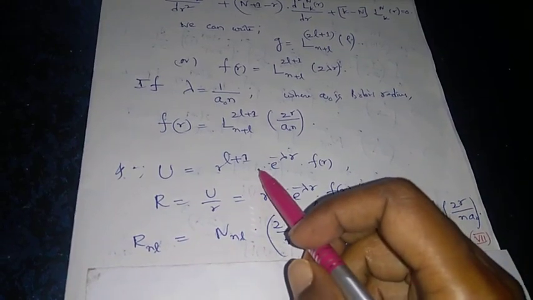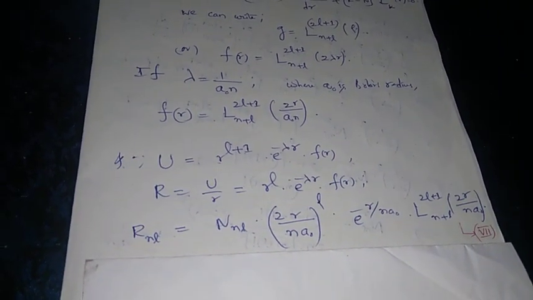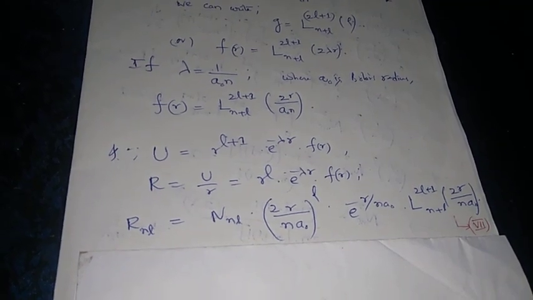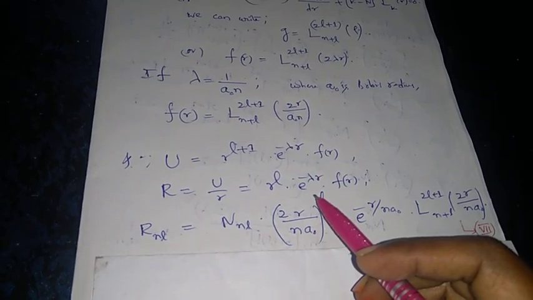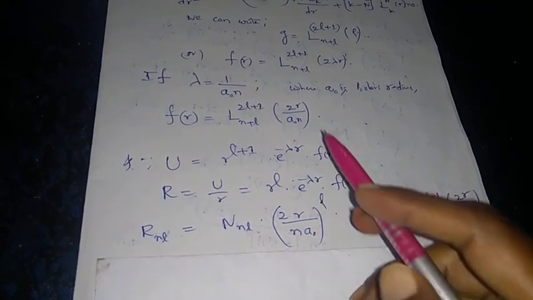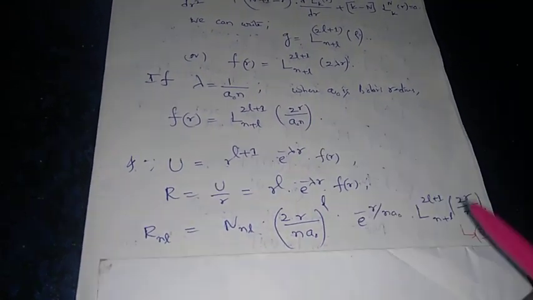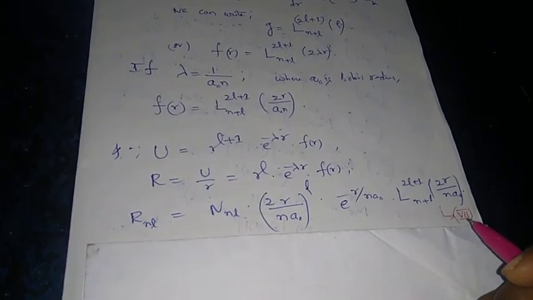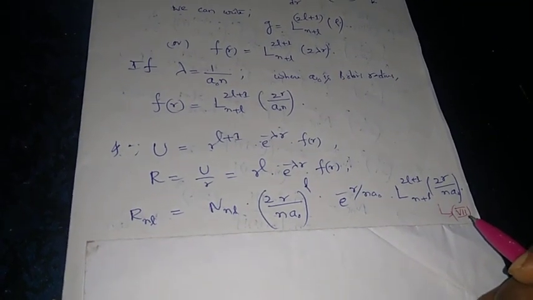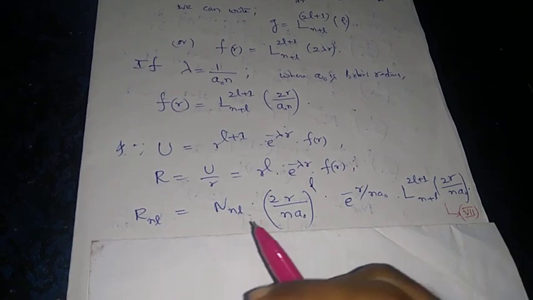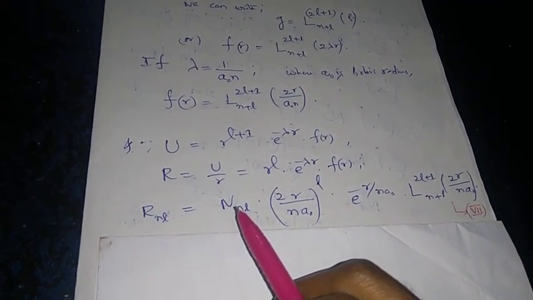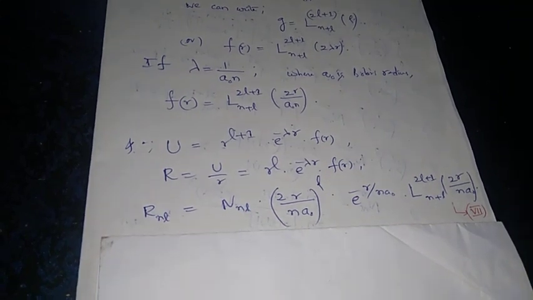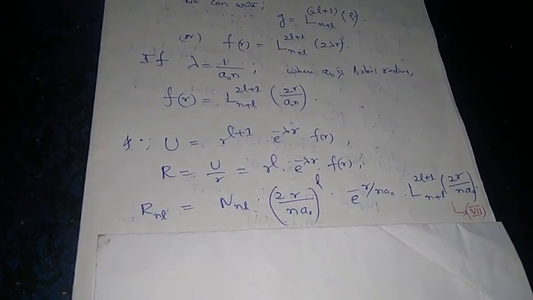product of r power l plus 1 into exponential minus lambda r into f of r, in terms of this small r, when you express f of r as this associated Laguerre polynomial in equation number 7, in which we have this N sub nl as the normalization factor.